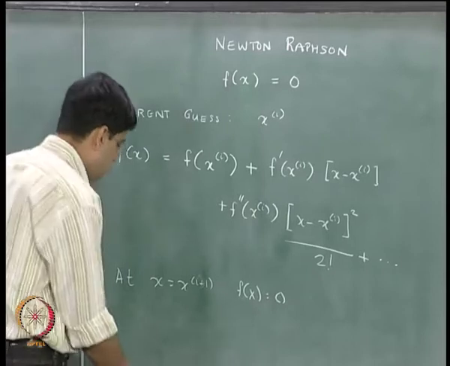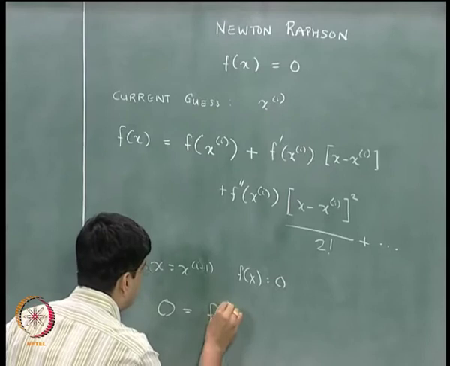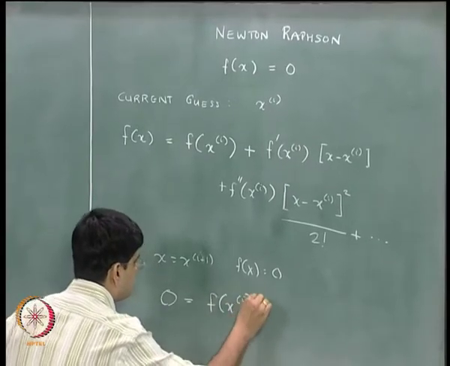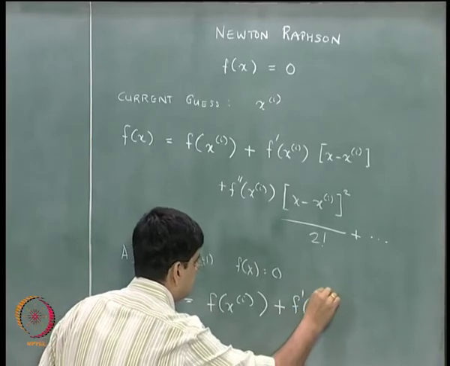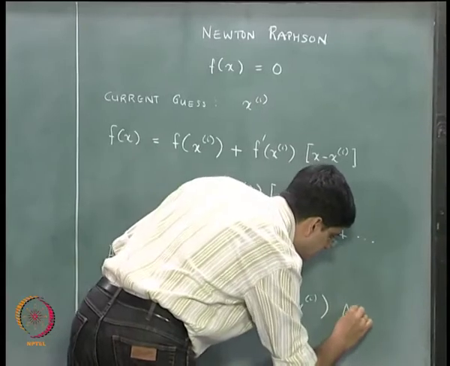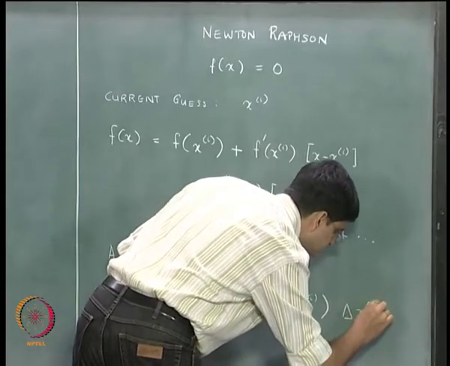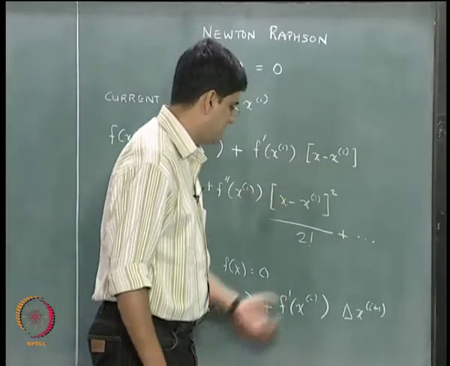When we do that, we will essentially get 0 equal to f of xi plus f dash of xi multiplied by delta xi plus 1. Delta xi plus 1 is nothing but xi plus 1 minus xi.